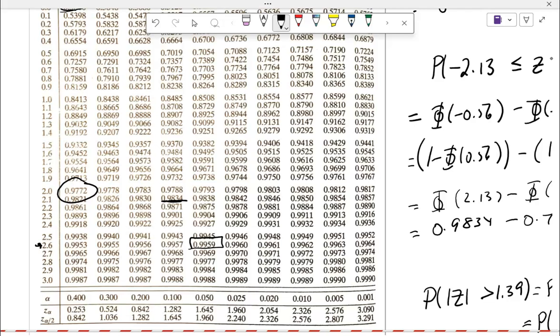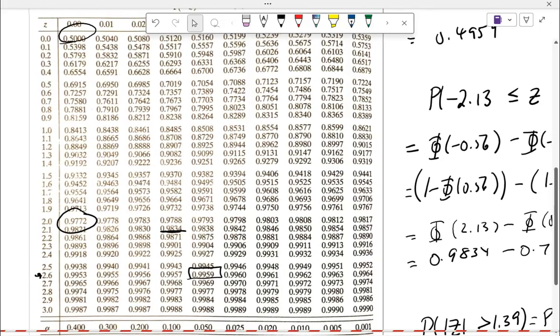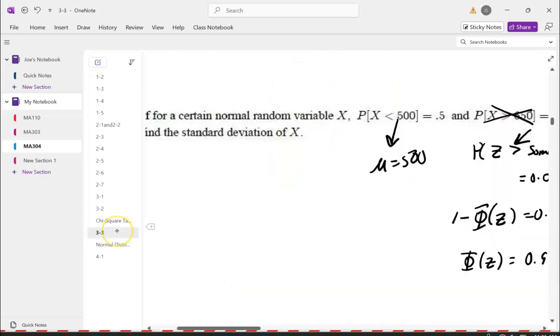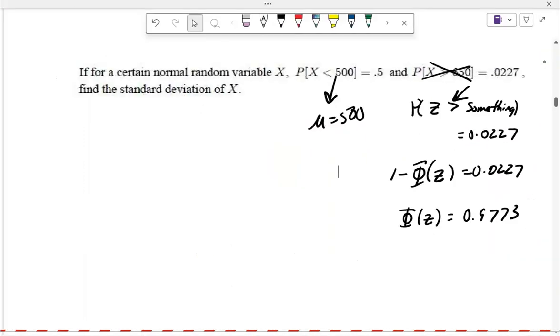What z value corresponds to that then? 2, right? Because it's 2.00. So going back over here, from the table, we see z is 2-ish. Okay?